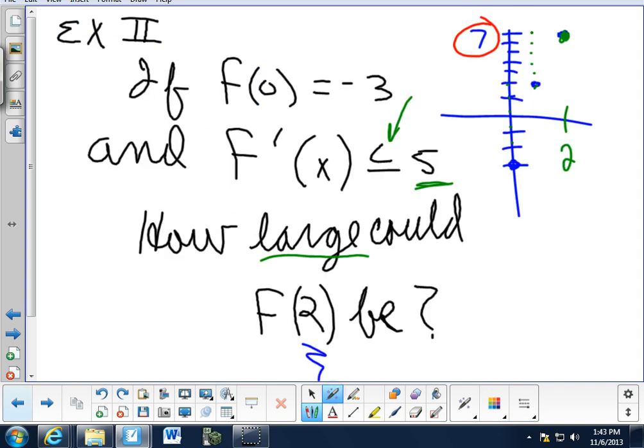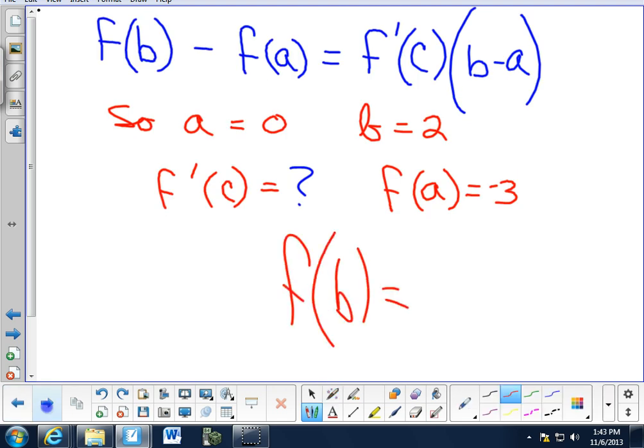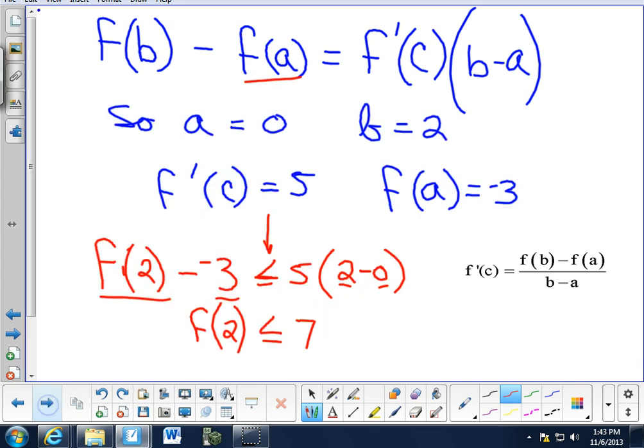Question was, how high up can this be? What am I looking for? f of b. So the missing piece of information is what's f of b. They even told me what f prime was. They told me the slope was 5. So I'm going to plug everything into this equation. Here's f of b.